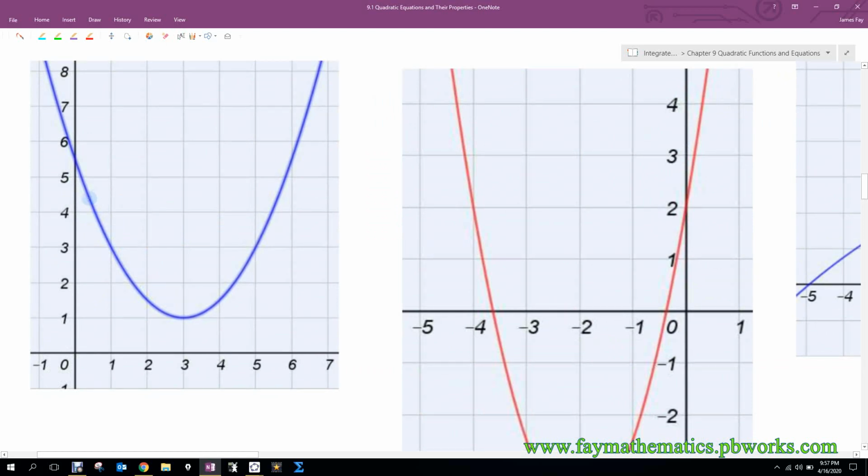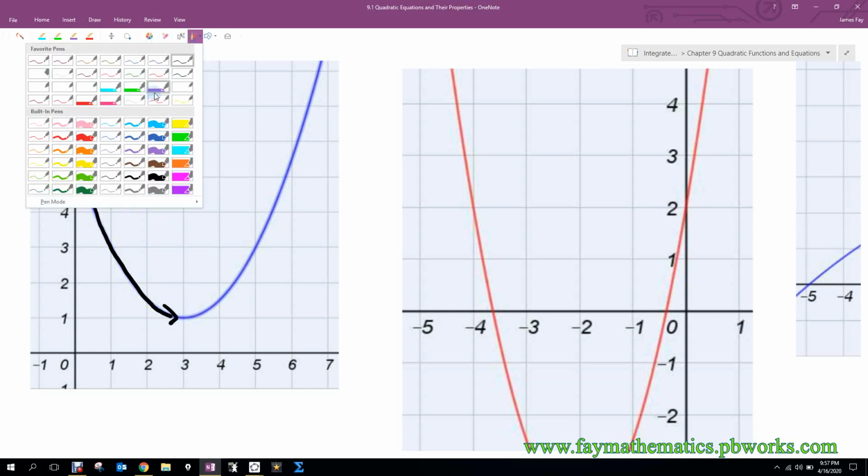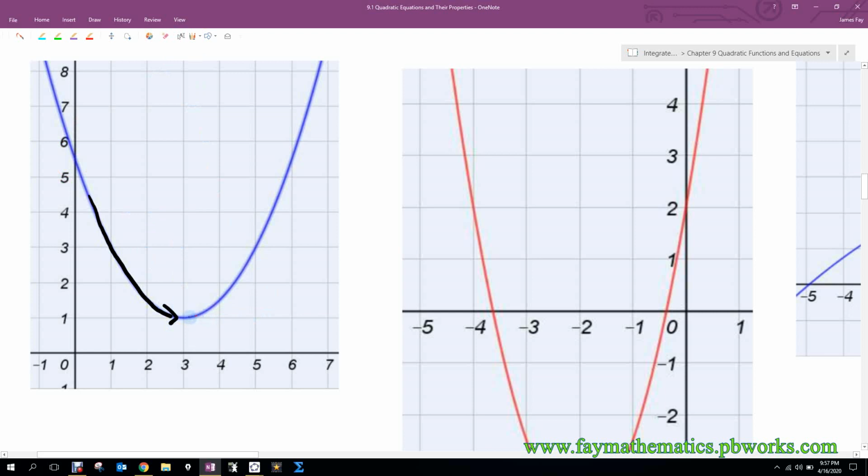If I'm reading my graph left to right, my y values are getting smaller and smaller. Eventually, we see a change in behavior, and we start going up to the right. We're getting bigger and bigger now. This was decreasing, and this is now increasing. The place where they change is right there. That is your vertex.